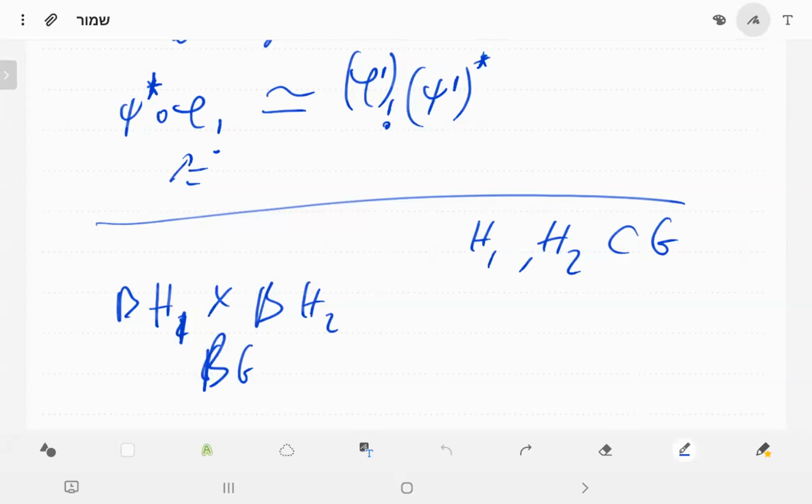So let's see what the fiber product is in terms of groupoids. We have to take an object here, and an object here, and an isomorphism between them after you consider them as objects here. But those are all BGs. There are not too many objects to choose from. There is one object here, one object here, and they both go, of course, to the same object here, but there are many isomorphisms from this object to itself.